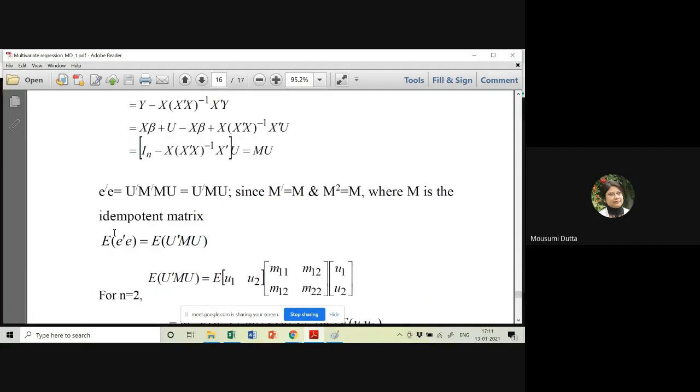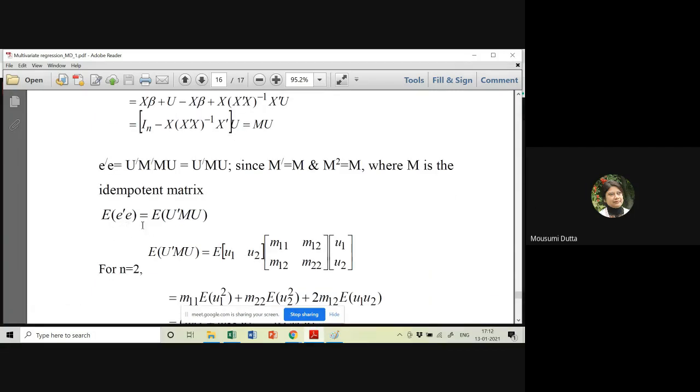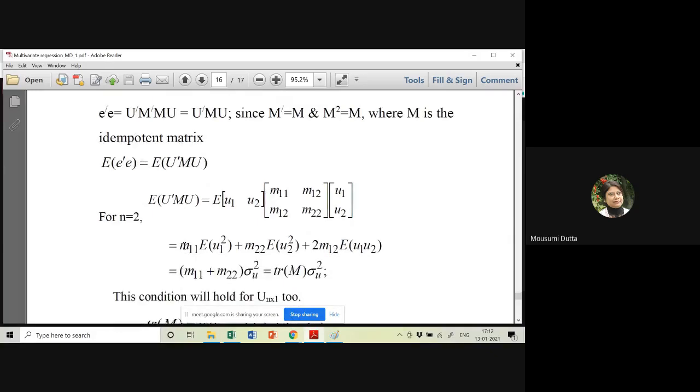So I'll calculate the expectation of e transpose e, which is equivalent to the expectation of u prime Mu. To understand how I'll calculate the expectation, it's better to consider a 2 by 2 matrix, so the things will be understandable.